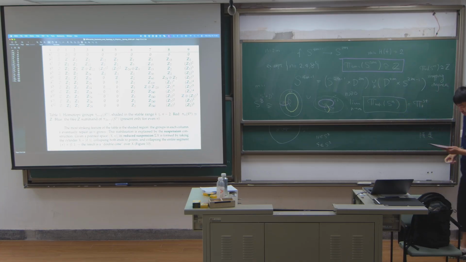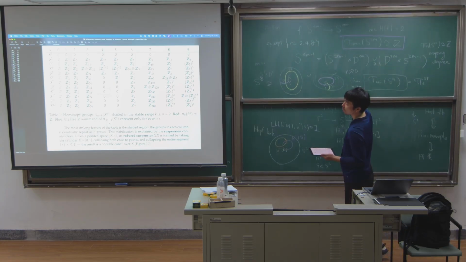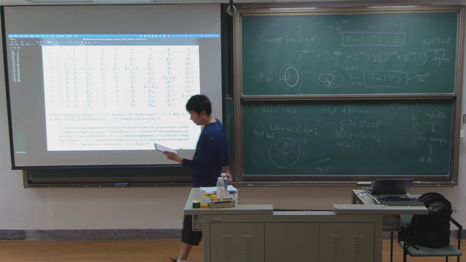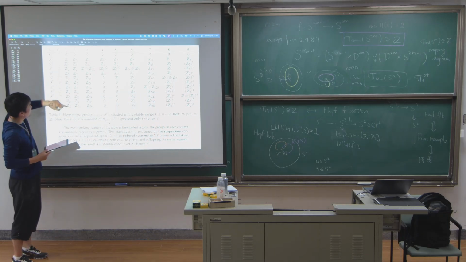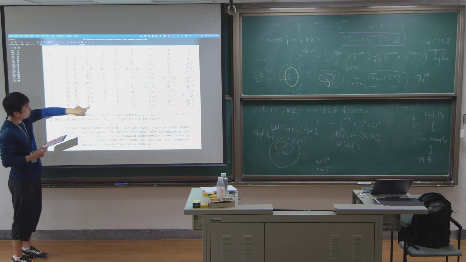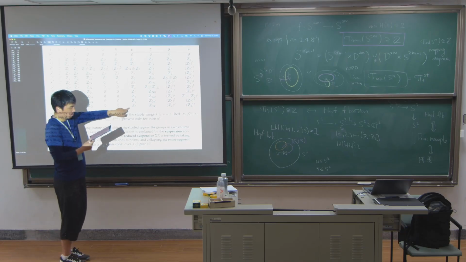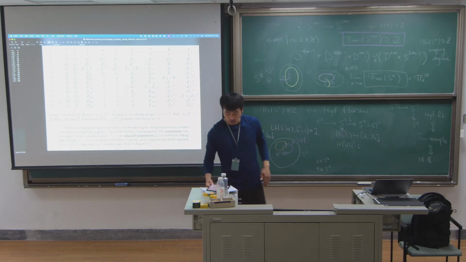Okay, like this. So in this case, the stable pi_1 is Z2, pi_2 is Z2, and pi_3 is Z24, and 0, Z2, Z240, and so on.